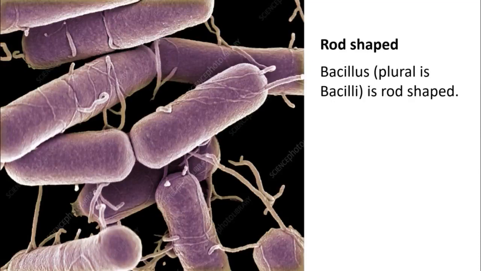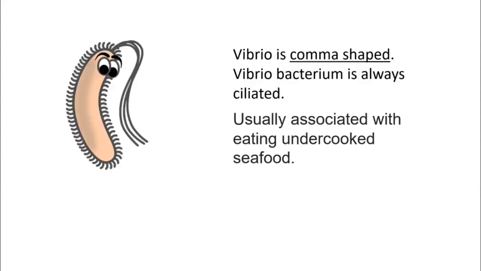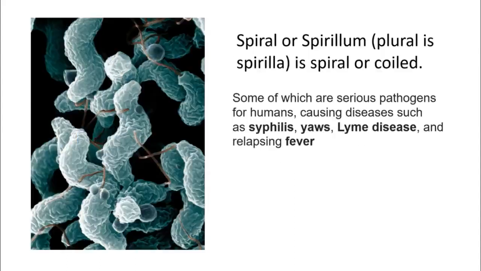Then some types of bacteria are called coccus. They are spherical shaped, right? We have already studied these things. There are bacteria which are ciliated, means like a hair. They are vibrio, a comma shaped one. And there are bacteria just like a coil, a spiral type, and they are called spiral bacteria, right?